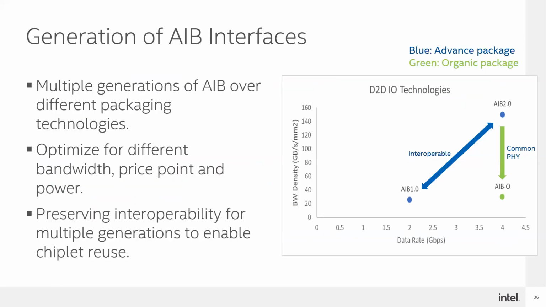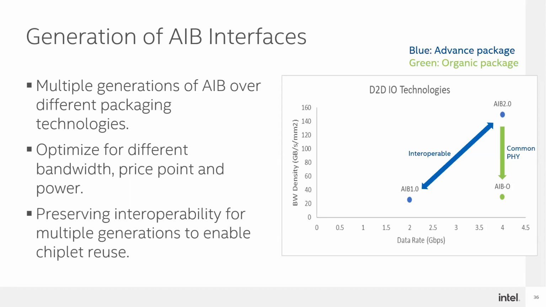Next slide, please, Dave. The right-hand side chart shows the different generations of AIB and their data rate as well as bandwidth density. AIB 1.0 is the first generation here, right? It can be referred to as AIB 1.2 as well. And AIB 2.0 and AIB-O are the next generation.